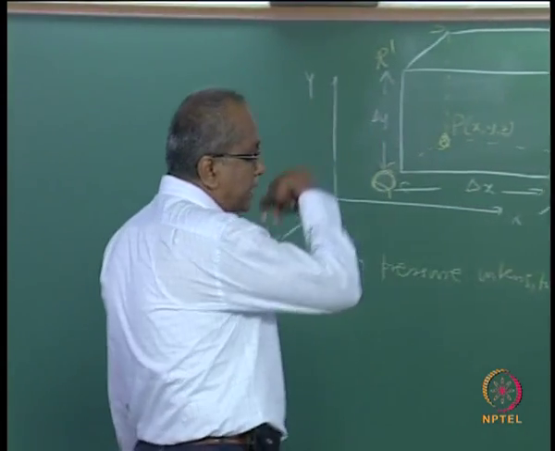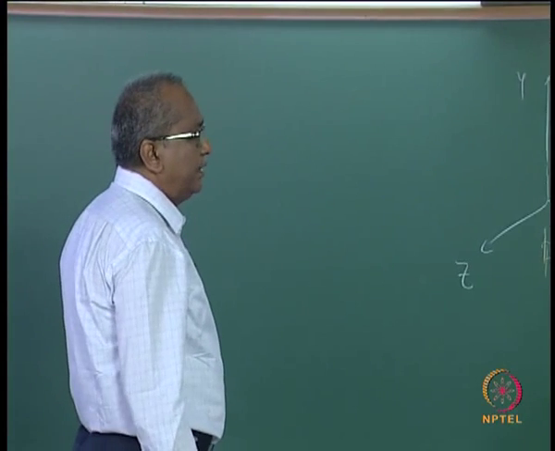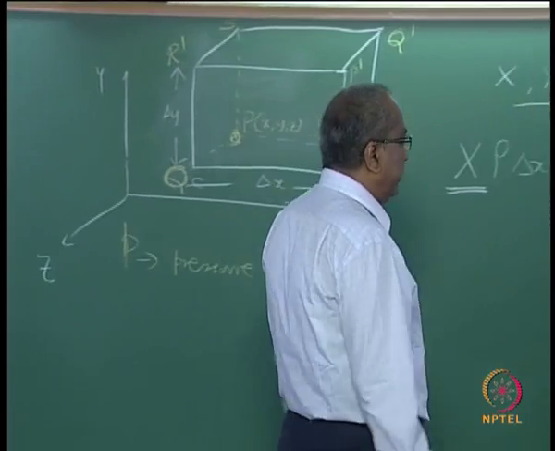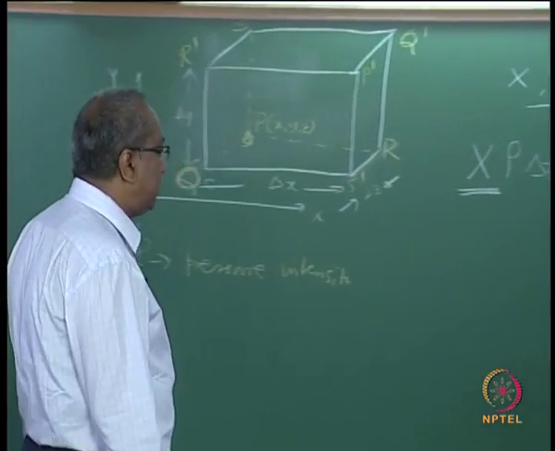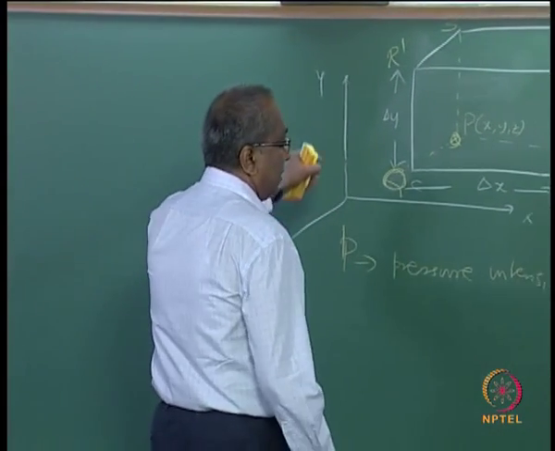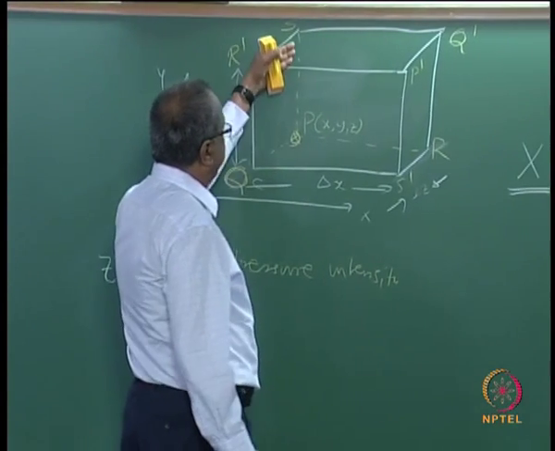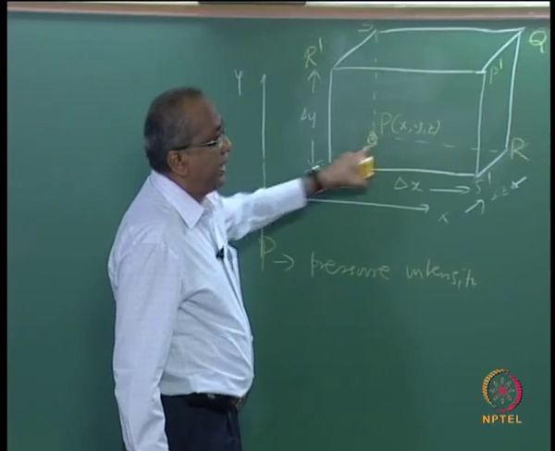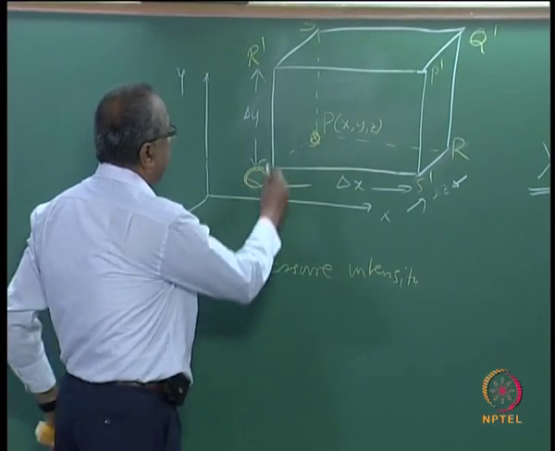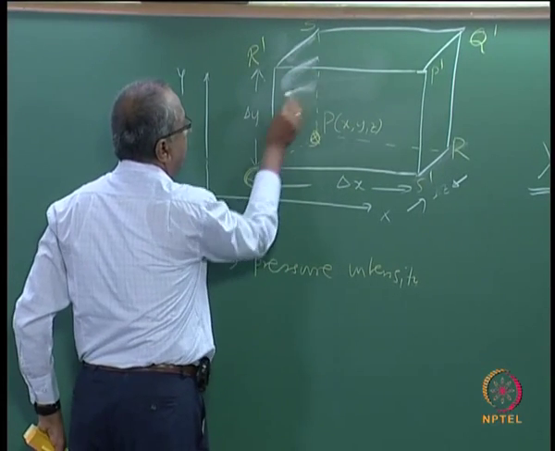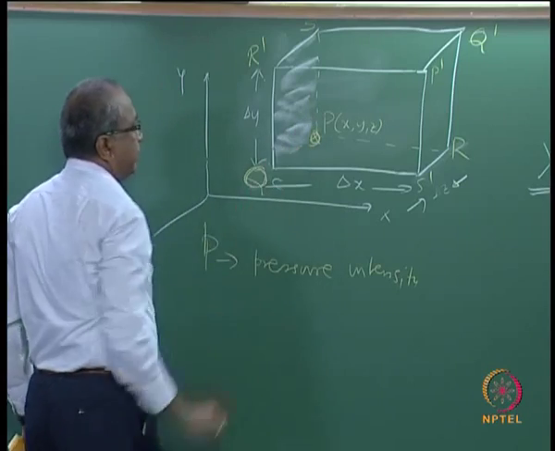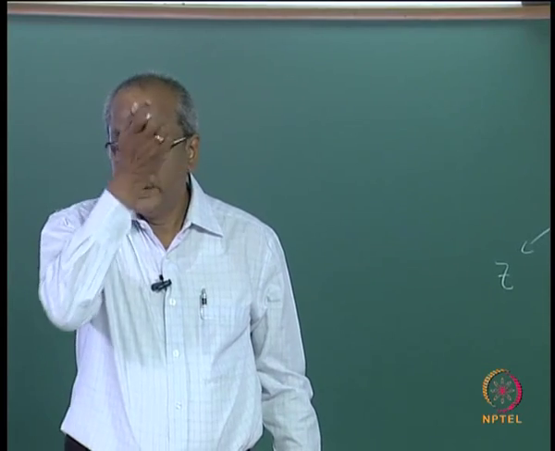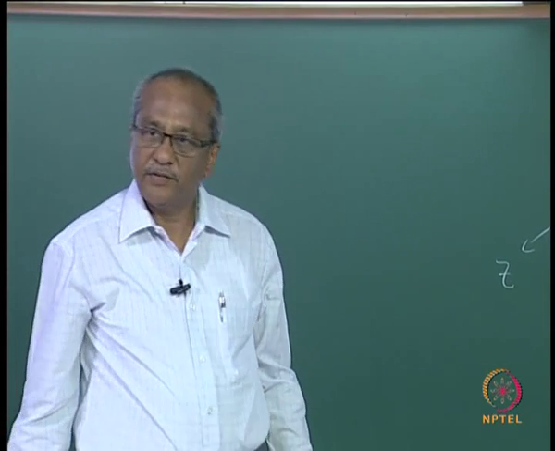Since the length of the edges of the fluid medium are extremely small, it may be easy to assume that over the entire surface R, S, P and Q, that is this face, the pressure intensity be uniform, defined as small p.